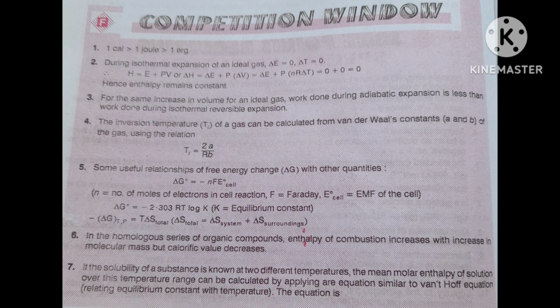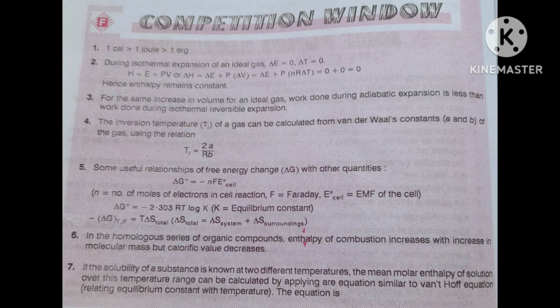Then delta T value will be 0. Then 0 into nR is 0, and P is also there, P into nR delta T, and delta T is 0. Hence, all are 0. Delta E is equal to 0, P into nR delta T is equal to 0. Hence, delta H is finally 0.